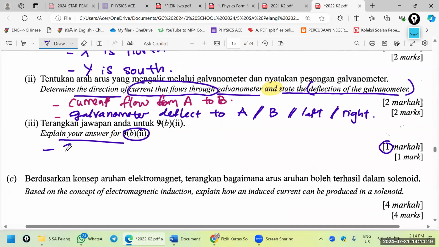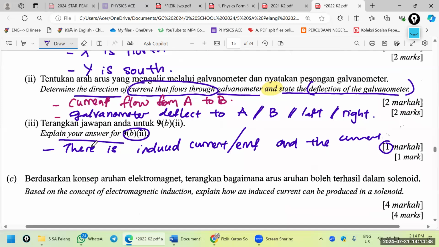So we can say there is induced current. Or if you say induced EMF, also can. And the current flows through the galvanometer. That's why there is deflection. Understand?